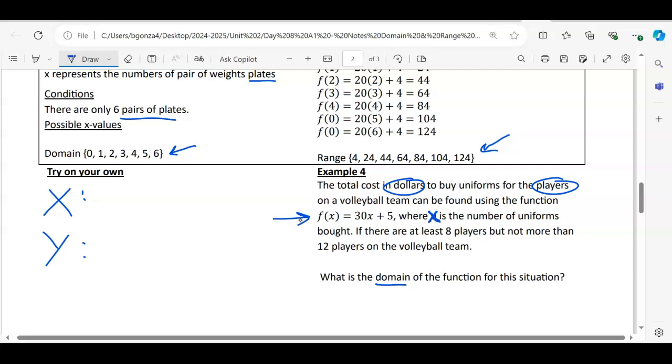The money depends on the number of players, right? That's how we figure out how much it costs. The cost depends, well, how many players are there, right? And we actually don't know. It says it's between at least 8 players, no more than 12. So between 8 and 12, basically, right? So the x value, the independent variable, has to be players.